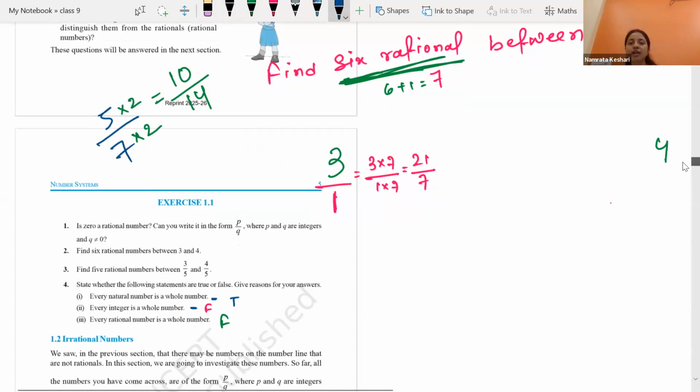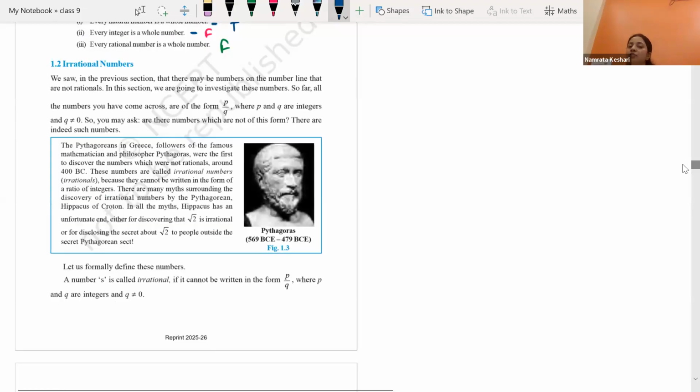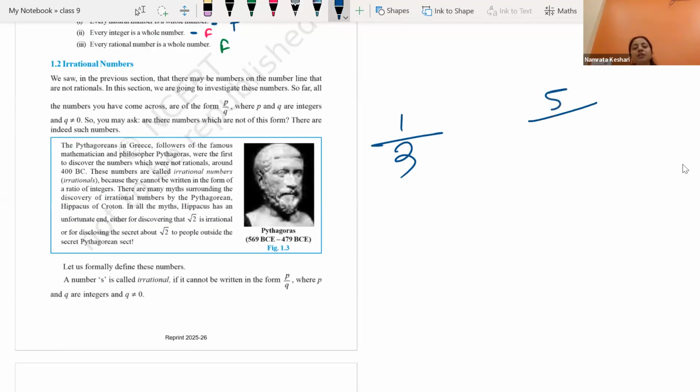It is the same fraction. Suppose we have 1 by 3 and I multiply numerator and denominator by 5 and write it as 5 by 15. These two are the same fraction, yes or no?